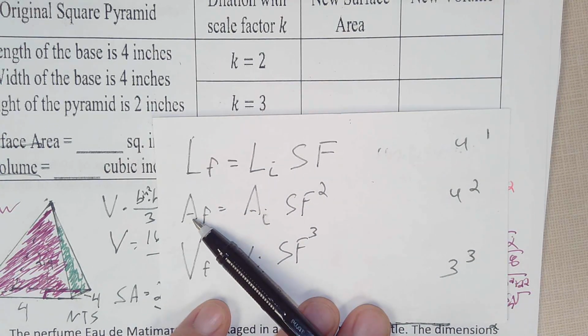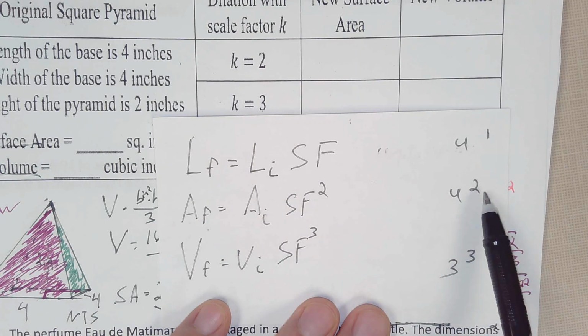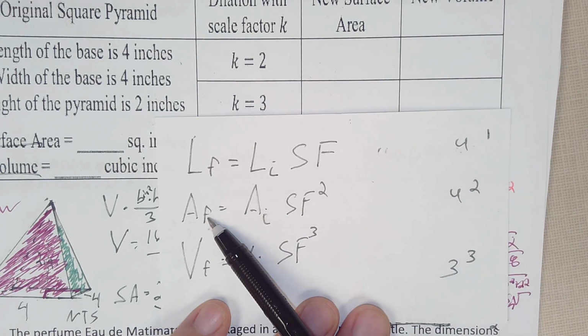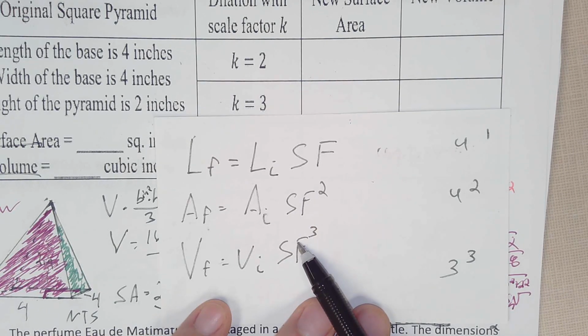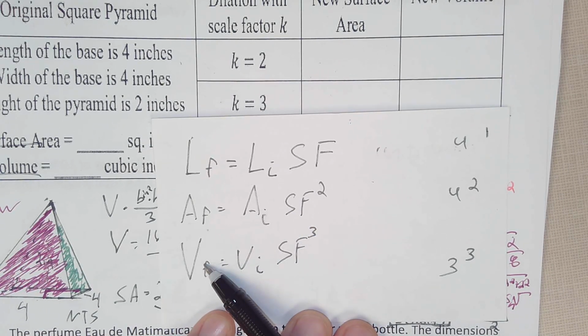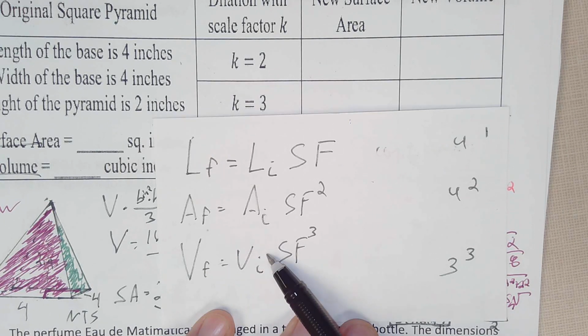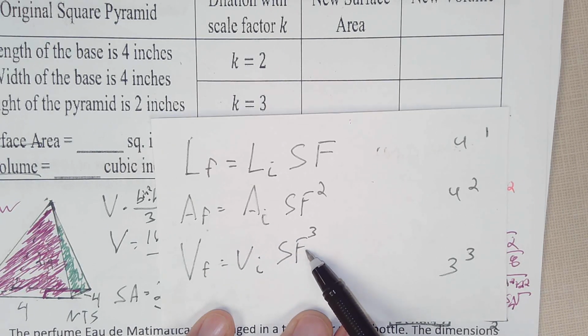For areas, with anything with the unit squared, your area final is your area initial times your scale factor squared, and your volume final equals your volume initial times your scale factor cubed.